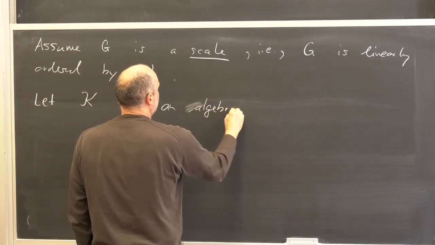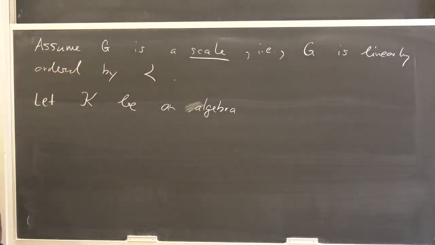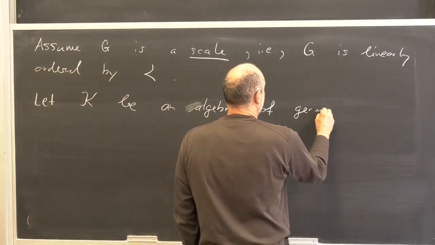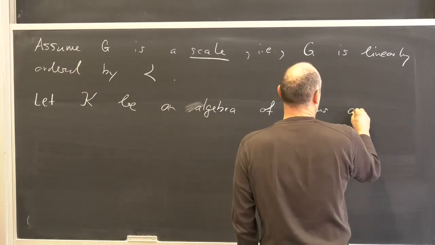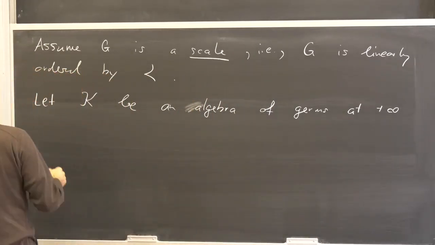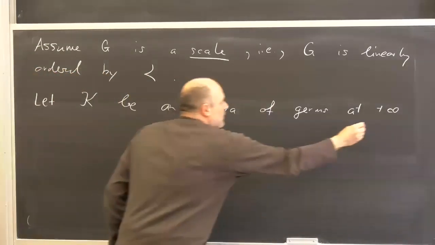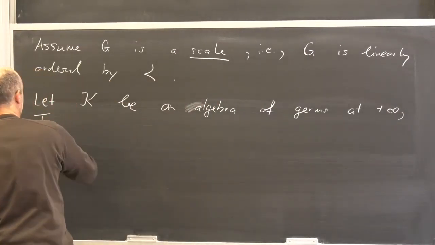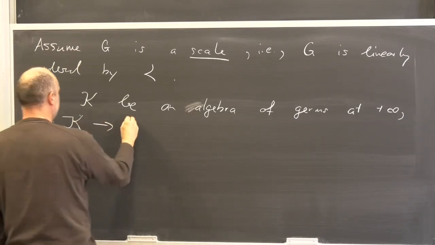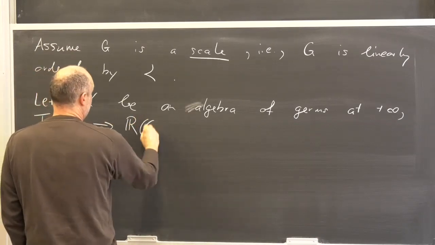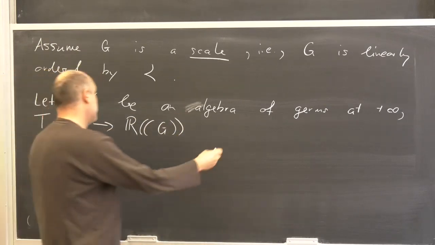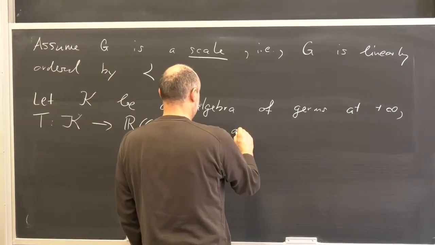So by algebra, I usually mean real algebra. An algebra of terms at plus infinity. And T a map of this algebra into this generalized series field. And I want this to be an algebra homomorphism.